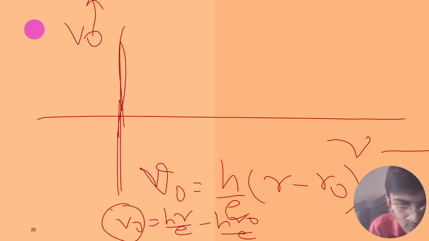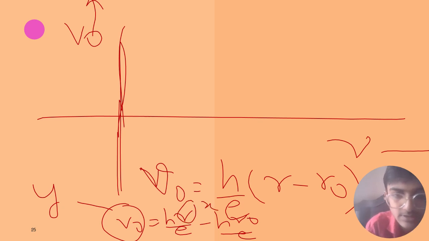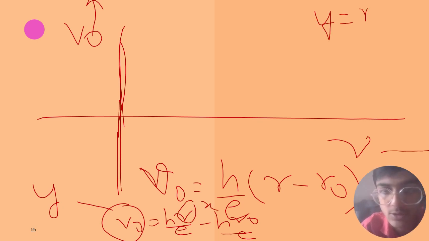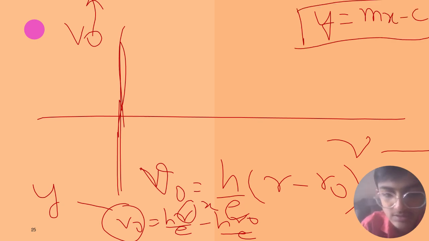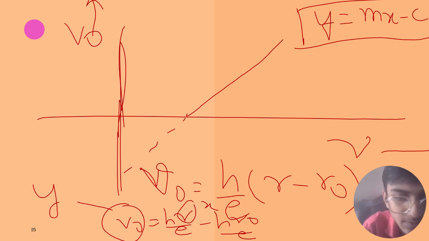This is on your y-axis, and this is on your x-axis, so it is actually y equals mx minus c. Okay, the graph is very good. The slope is positive but the intercept is negative. You can draw it like this, and here it is dotted, and this will be your h nu naught by e.